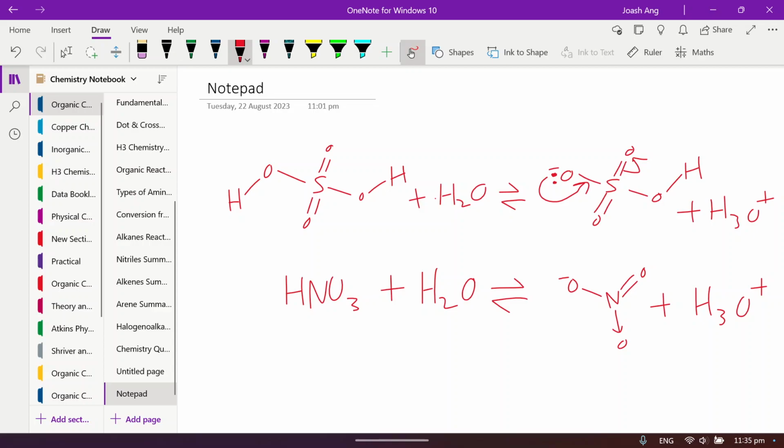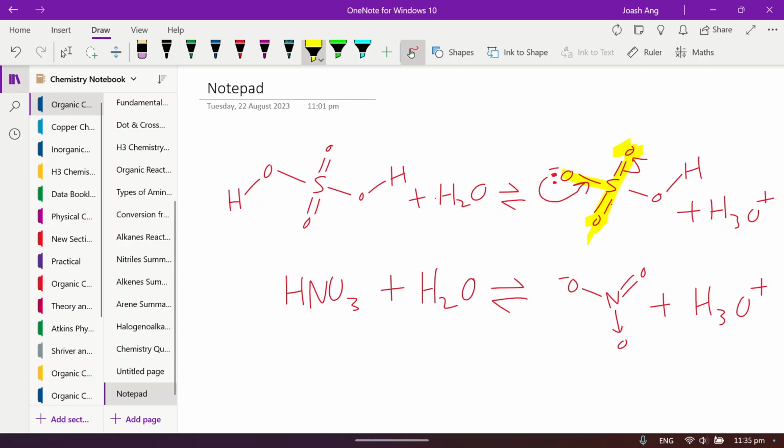The lone pair on the negatively charged oxygen can delocalize and cause this oxygen or that oxygen to be negatively charged. So in total there are 3 oxygens that can bear the negative charge, and your pi electrons can delocalize across this region.